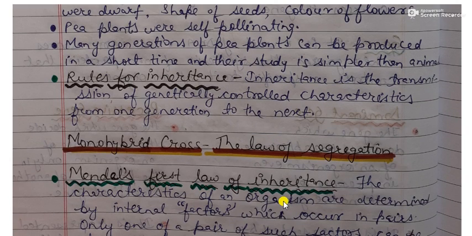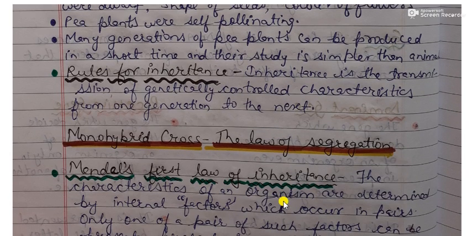Now, what is inheritance? Inheritance is the transmission of characters from one generation to the next generation. Mendel took one character in the monohybrid cross, also known as the law of segregation.